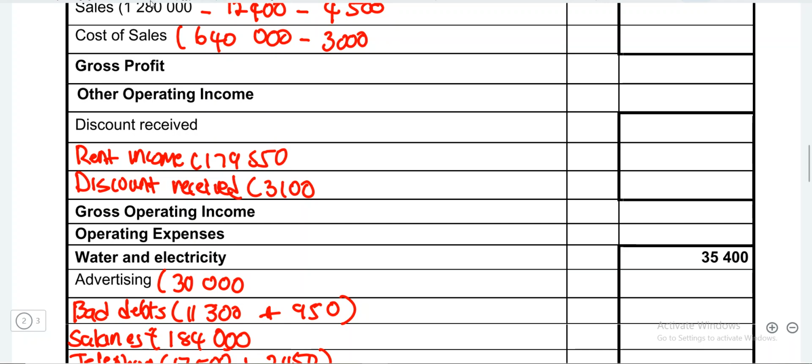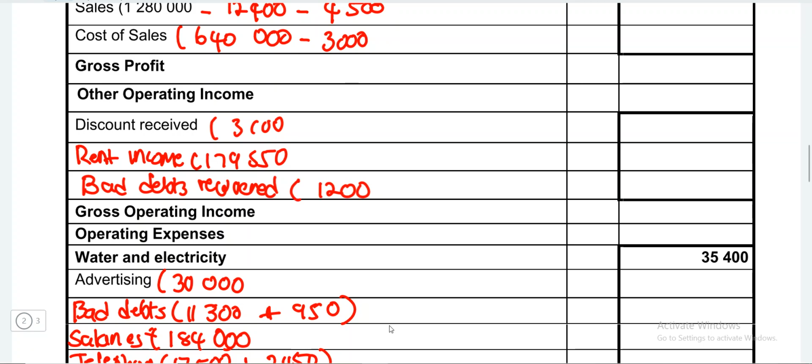Discount received here was recorded, so I'm going to erase it and include bad debt recovered. Remember that discount received was 3,100, so I'm going to put that 3,100 here. The account for that transaction is bad debts recovered, and then we would say 1,200.